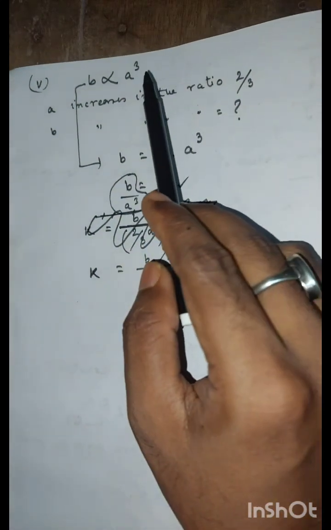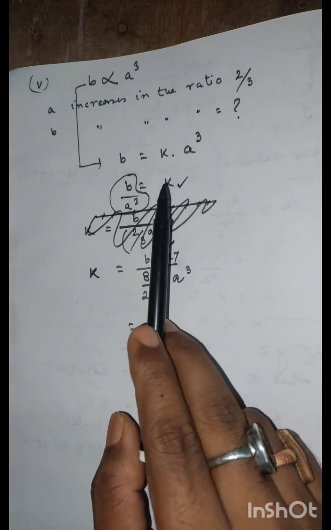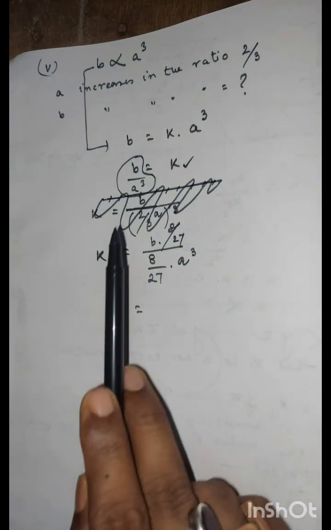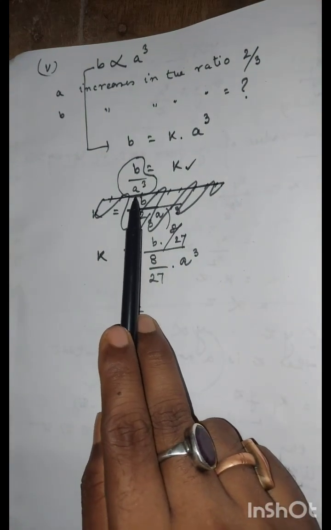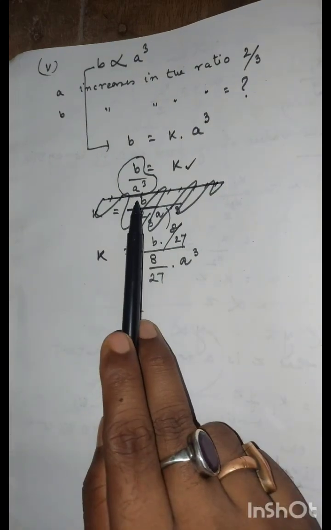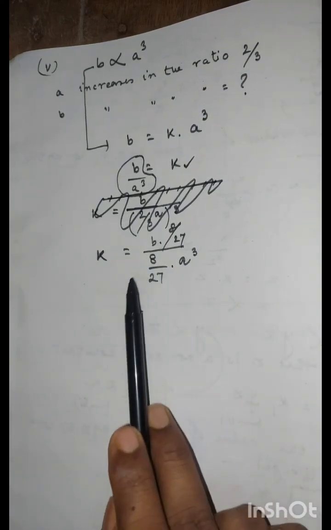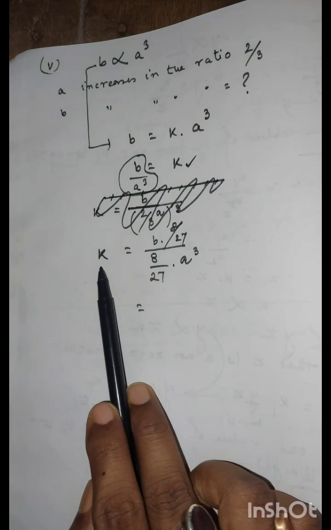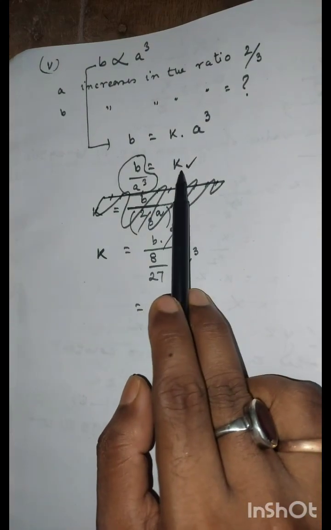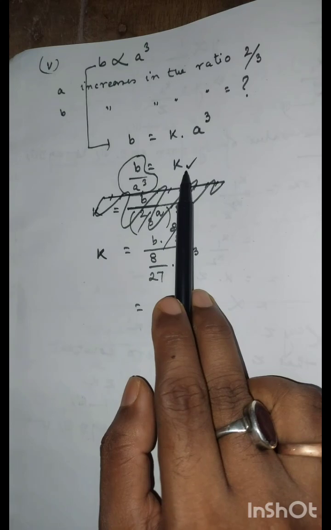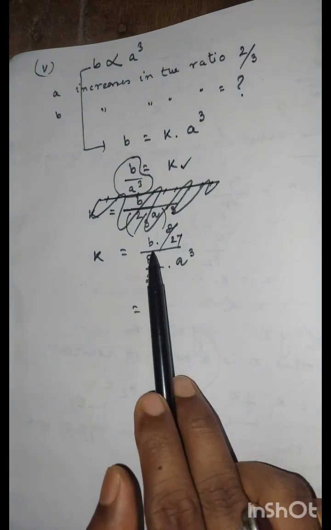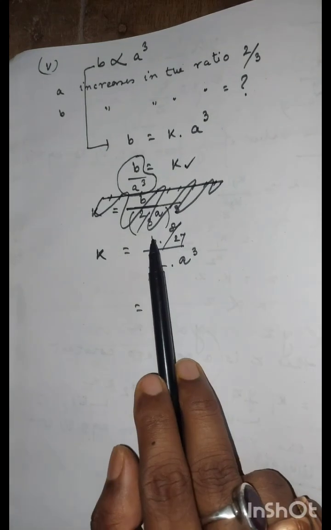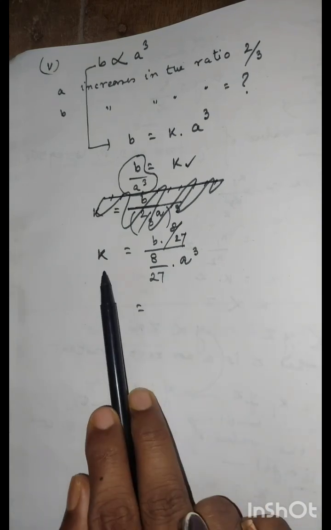Okay, so just from this relation we are getting this equation. We are taking a cube to the left side, so this is our required equation. Now if we put 2/3 a in place of a, we are getting 8 by 27 a cube. To keep the value of k constant, we have to multiply b by 8 by 27 so that these two quantities cancel out and the ratio b by a cube remains constant.